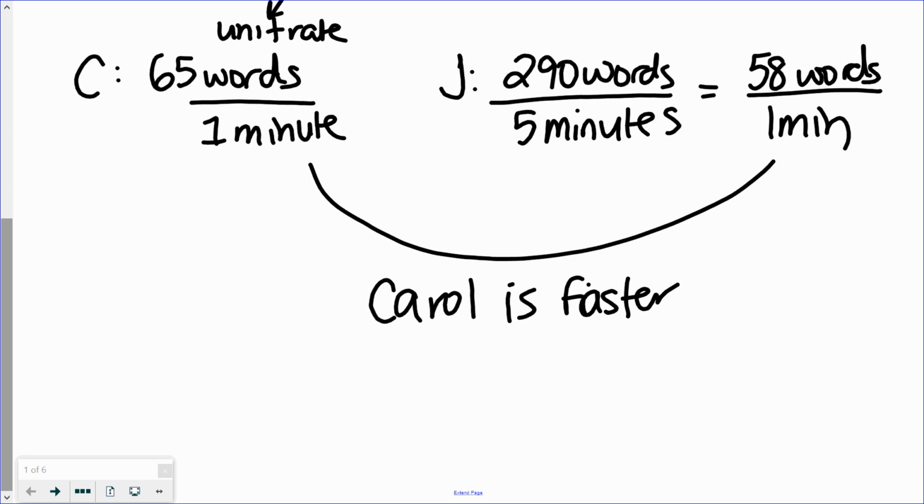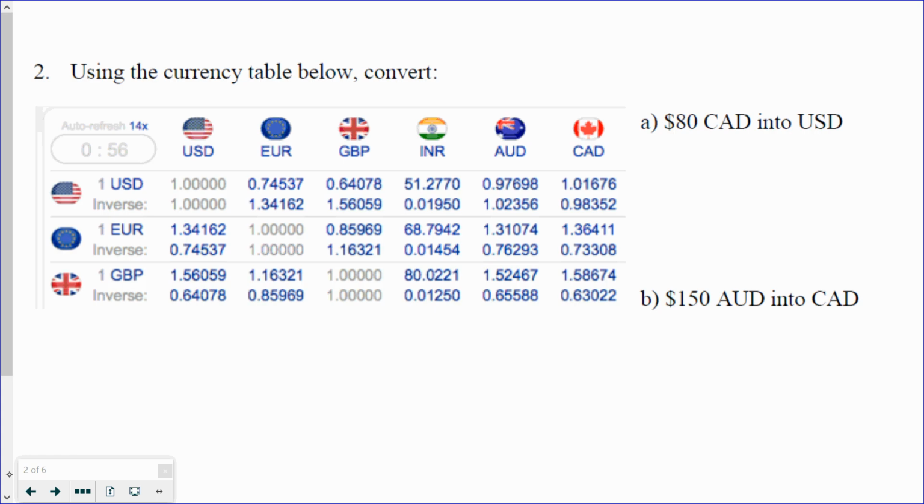So the next one, this is just an example of a currency table. I'm not sure what year it's from. And so these are a little bit confusing to read through because there's quite a bit of information within it. So we have a couple different currencies. So US dollar, the euro, the Great Britain pound.